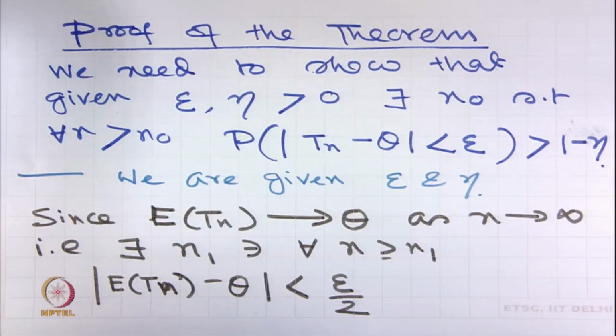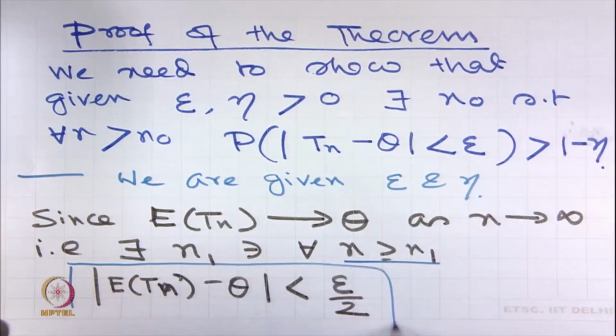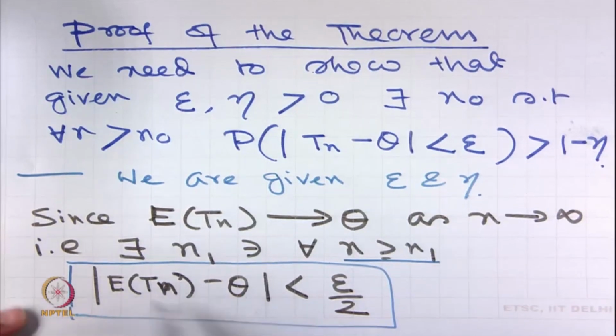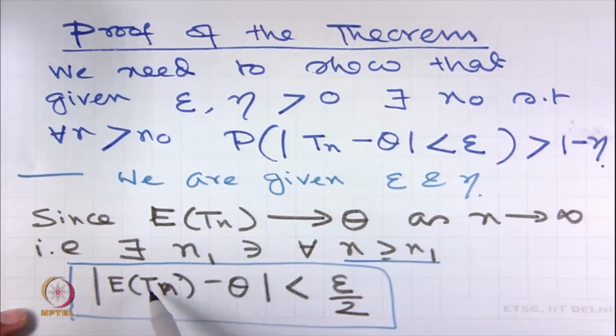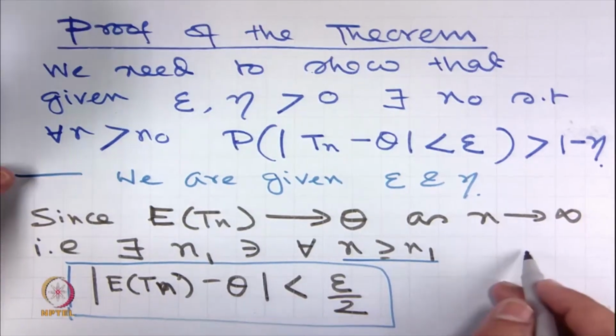So, we have been given an epsilon, we are trying to identify an n1 such that for all n greater than equal to n1, this difference expected value of T n minus theta is less than epsilon by 2.